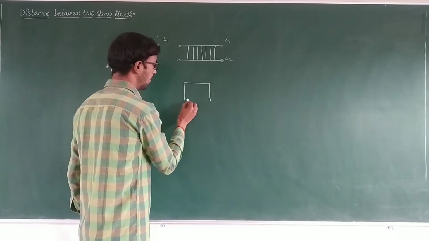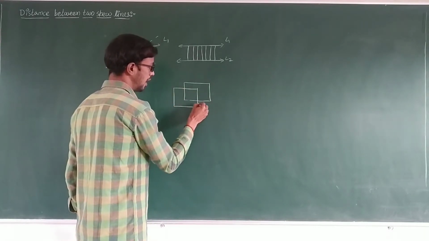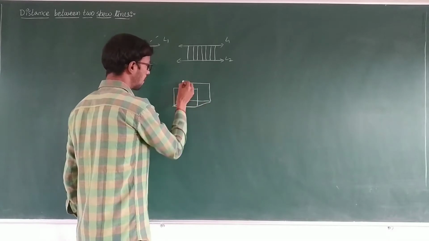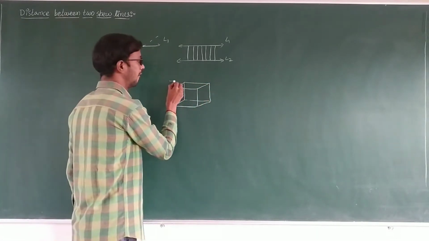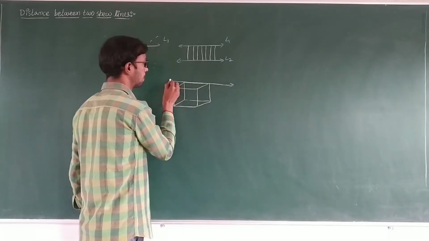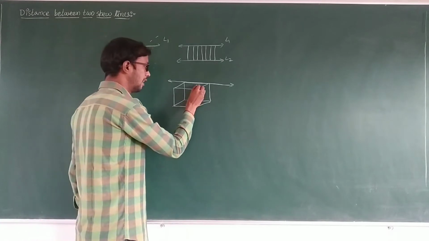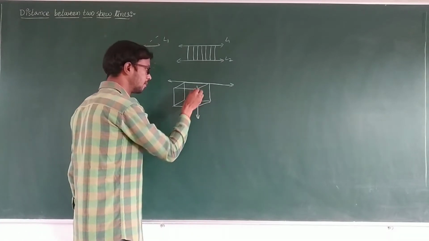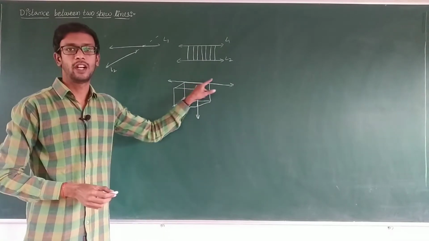In a cube, you can draw skew lines easily. I am taking one line here and another line here. See, there is no intersection point.